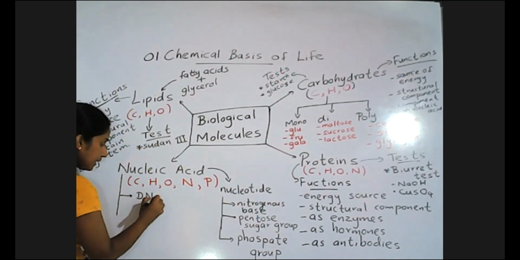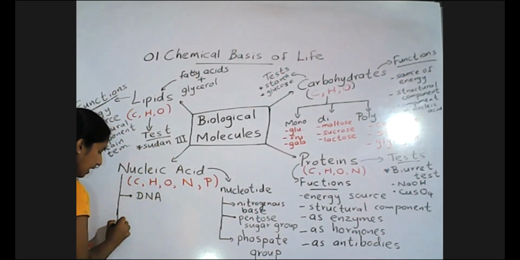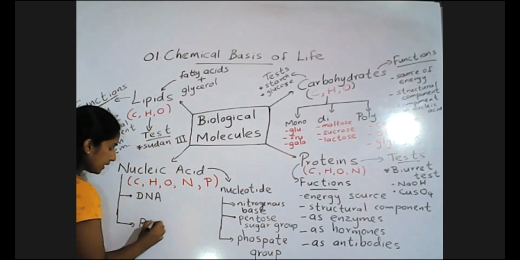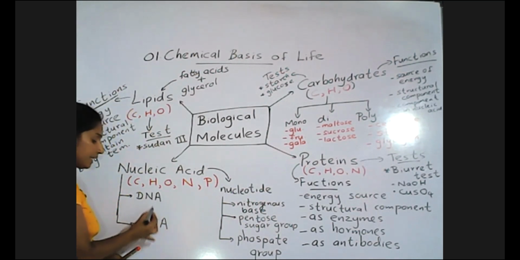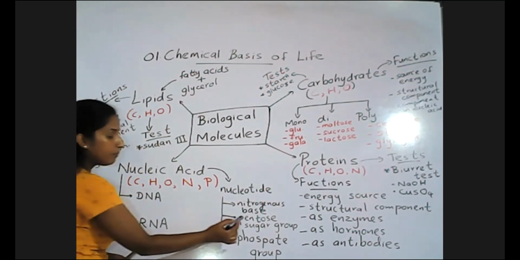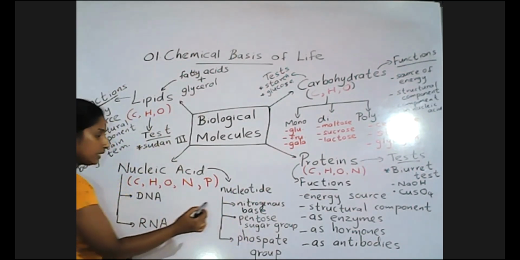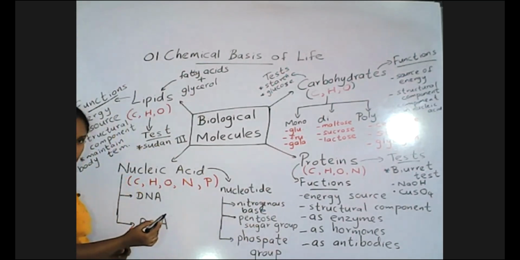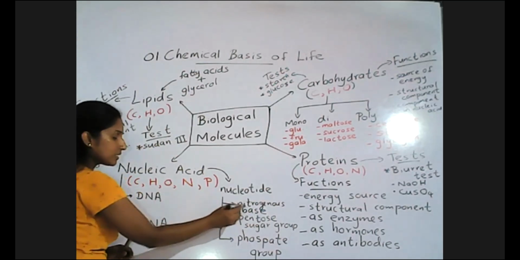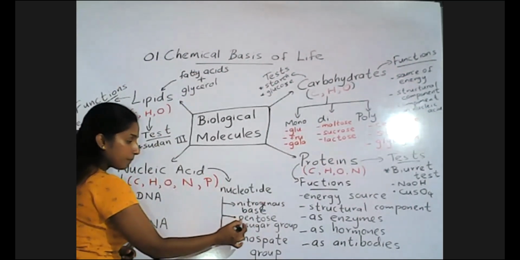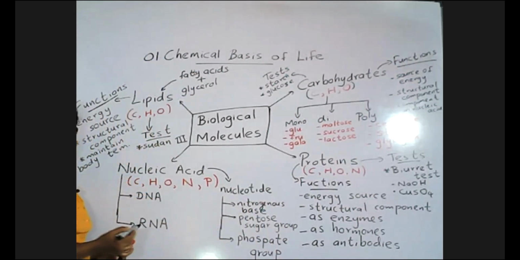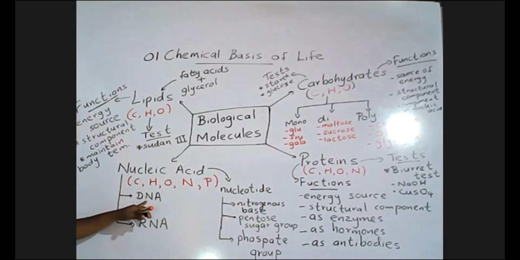Yes, DNA and RNA. In DNA and RNA, the pentose sugar is different and the nitrogenous bases are different. Only one base is different, the other three are the same. But you have to remember the pentose sugar group is different in the two nucleic acids.